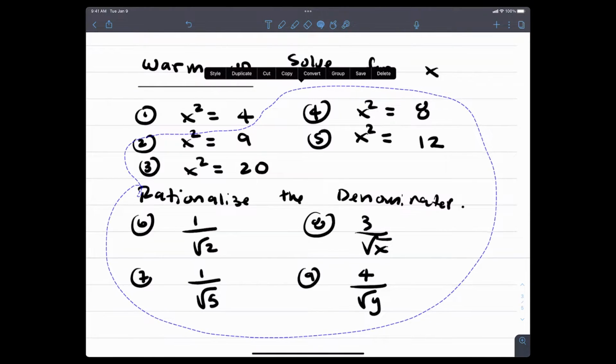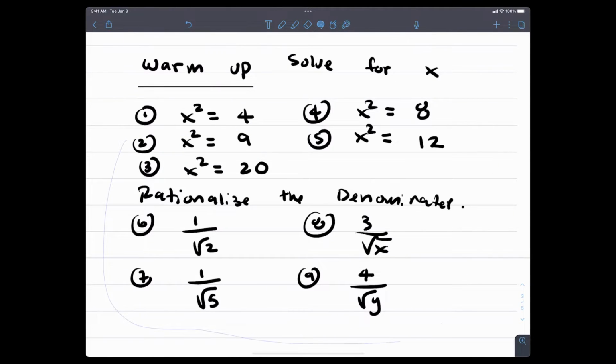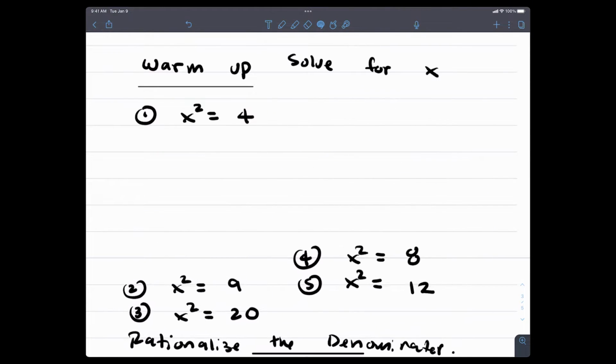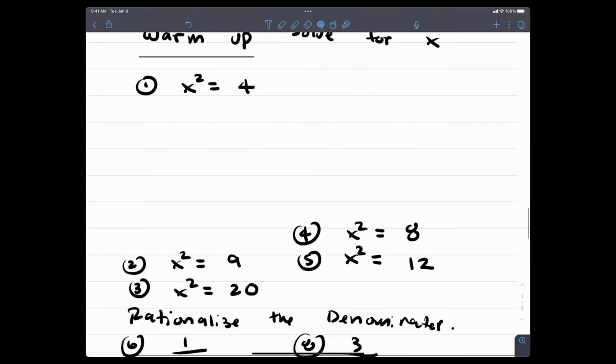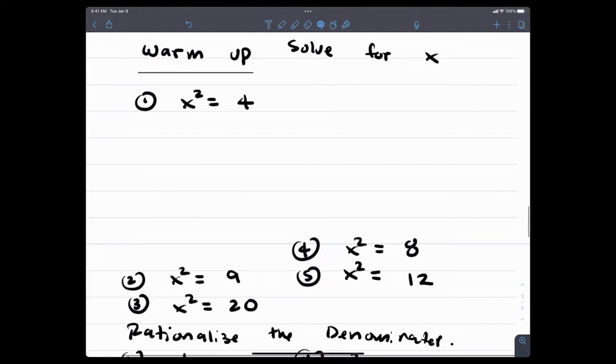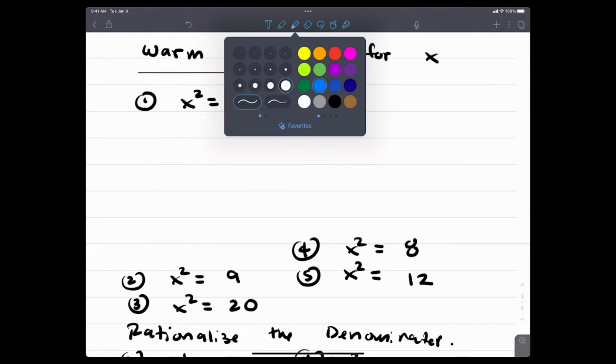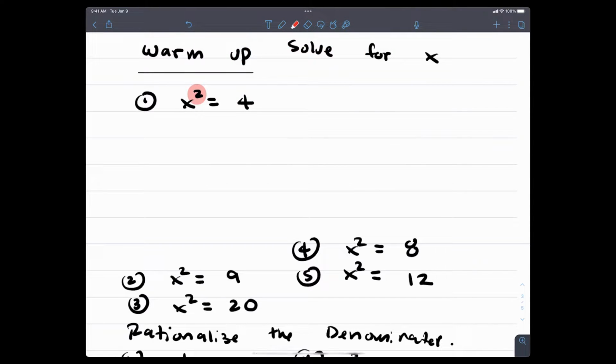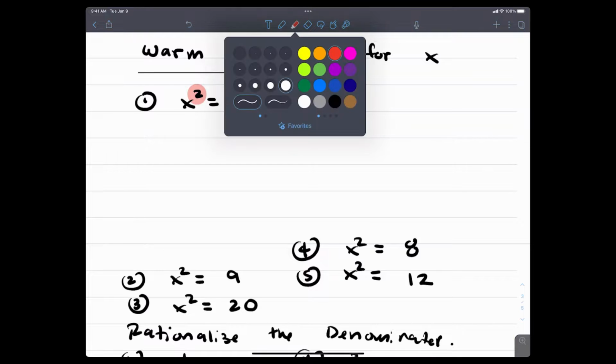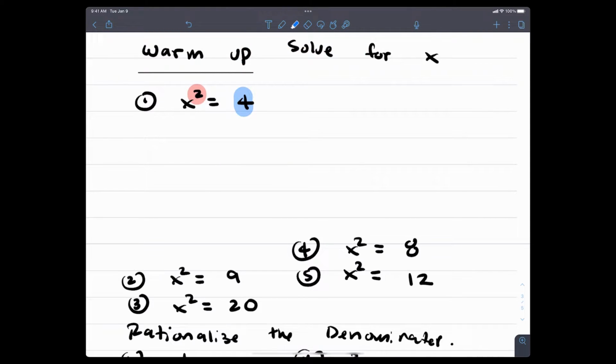Anybody know what this is by any chance? What tool do you use to solve this equation for x? You have to know what you're looking at, right? If you have x squared equals a positive number, does anybody remember what you use to solve this?